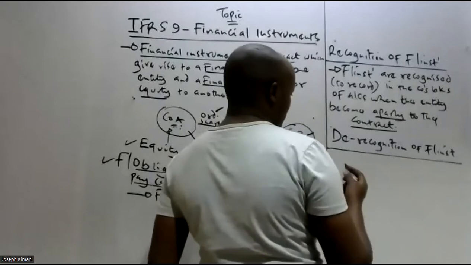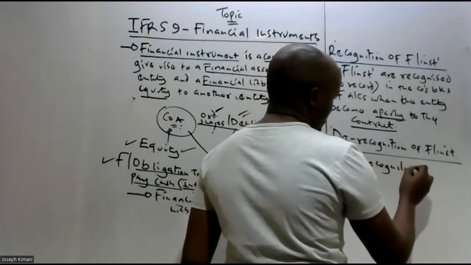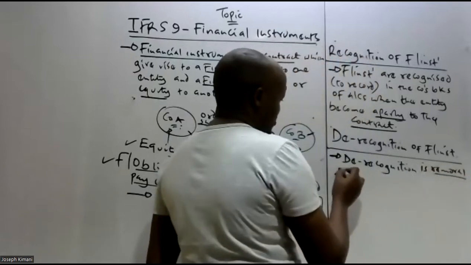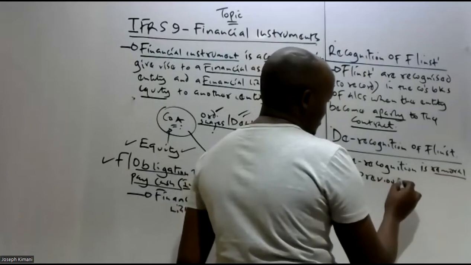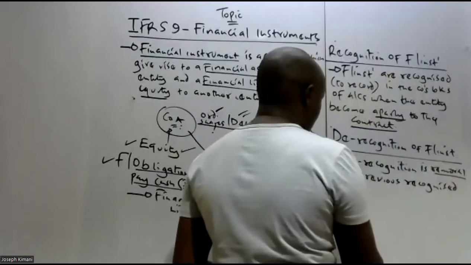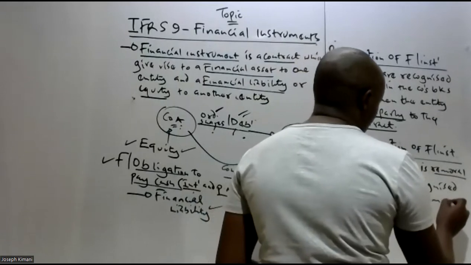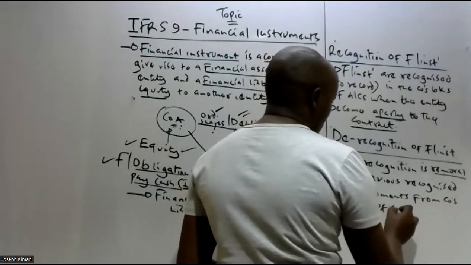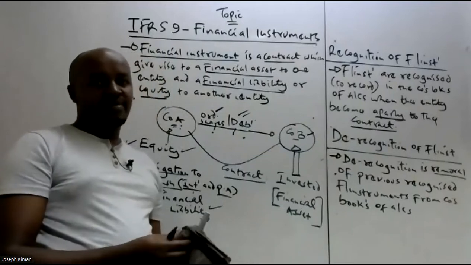We can say that derecognition is the removal of previously recognized financial instruments from the company's books of account. From the company's books of what? Of account.